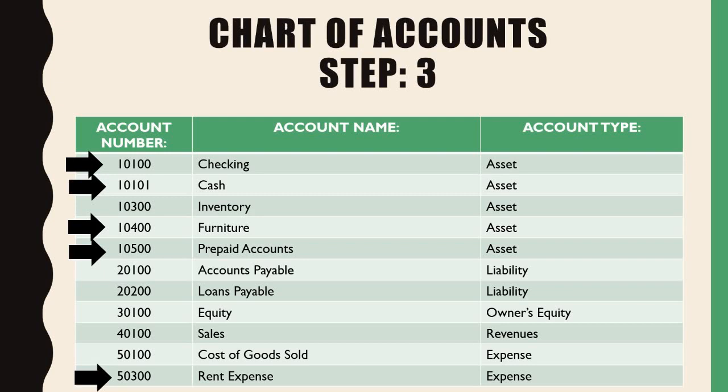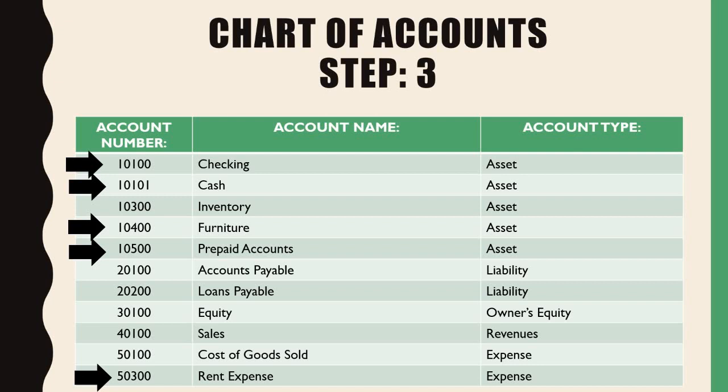So the checking, cash, and then we had furniture, and we had prepaid accounts and a rent expense. Again, those are where the numbers come from, from your chart of accounts if you use account numbers. Strictly for account numbers, it's much easier to memorize a 5-digit code than it is to memorize a bunch of words.